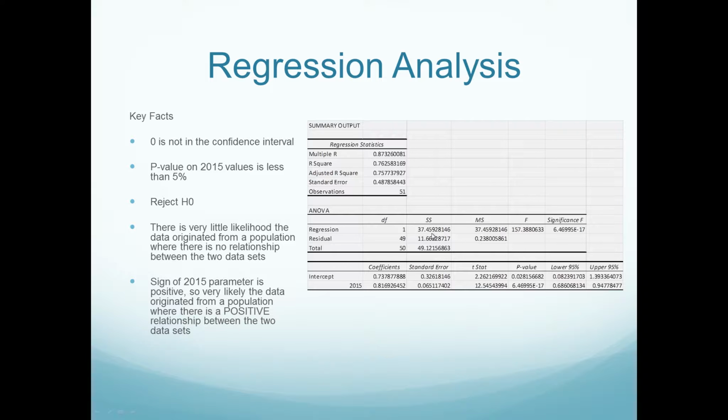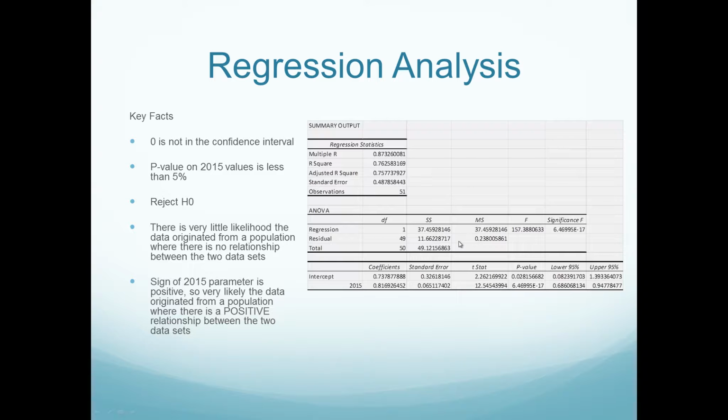And so that leaves a value, 11.6 called, that leaves a value of 37.45 that must have been explained by the line. And so 37.45 is actually about 76% of 49.12. That's where the R square comes from. So we explained 76%. The line explains 76% of the total variation.